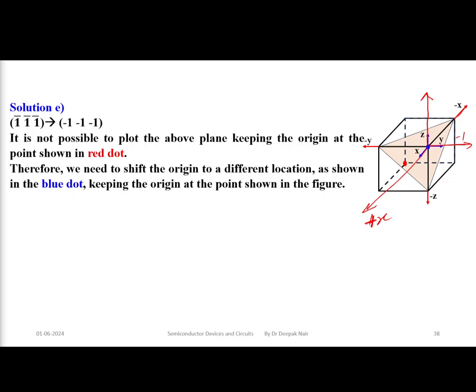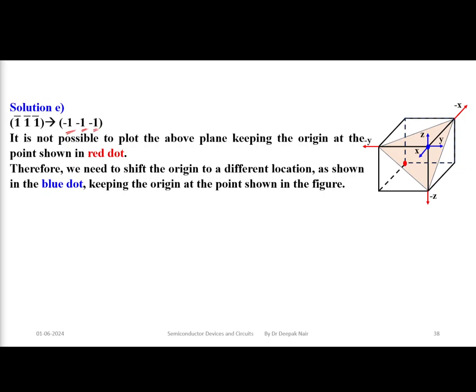If this is positive y, then the opposite direction is negative y. And looking upward, if it is positive z, then moving downward will be negative z. Now let us plot the plane.